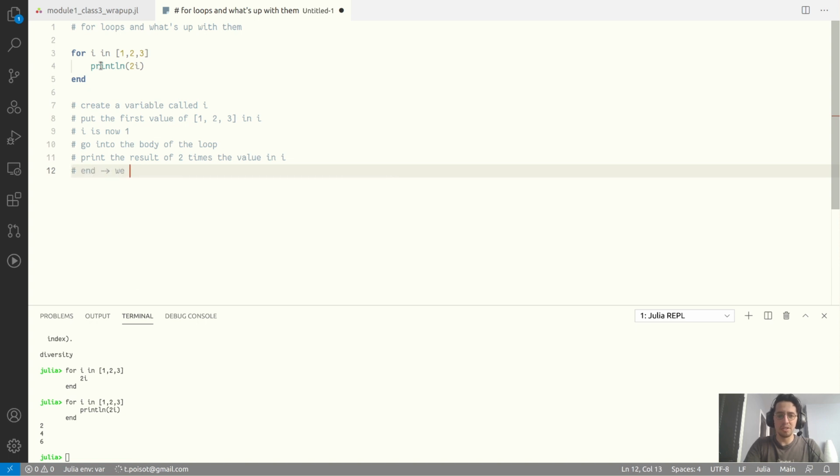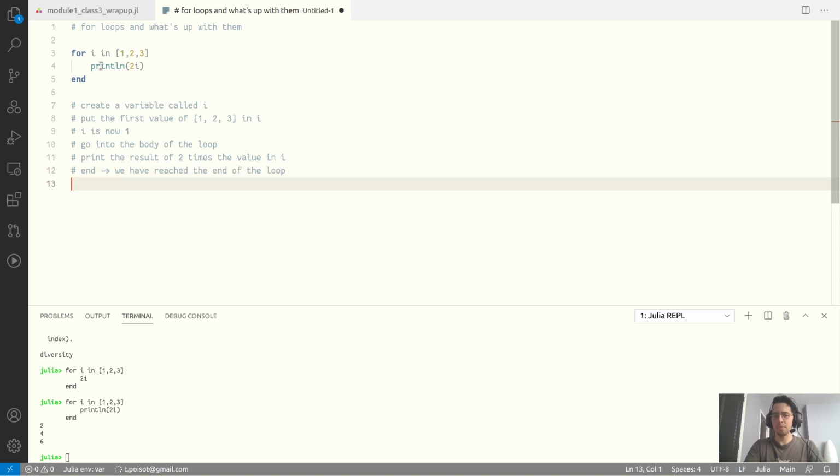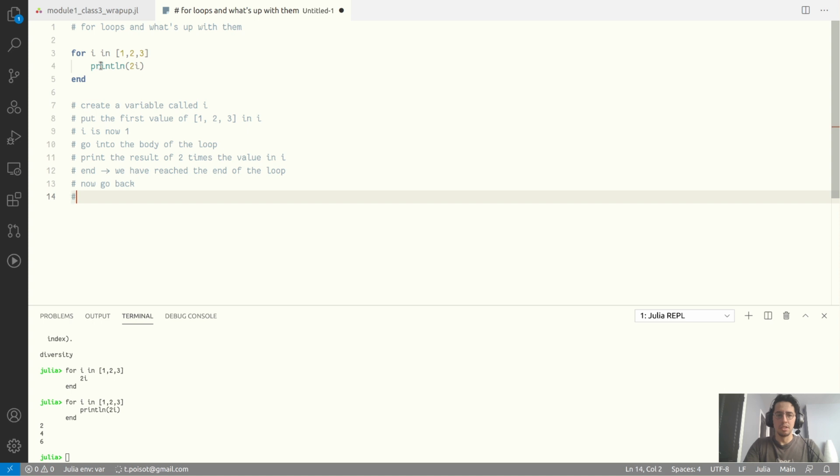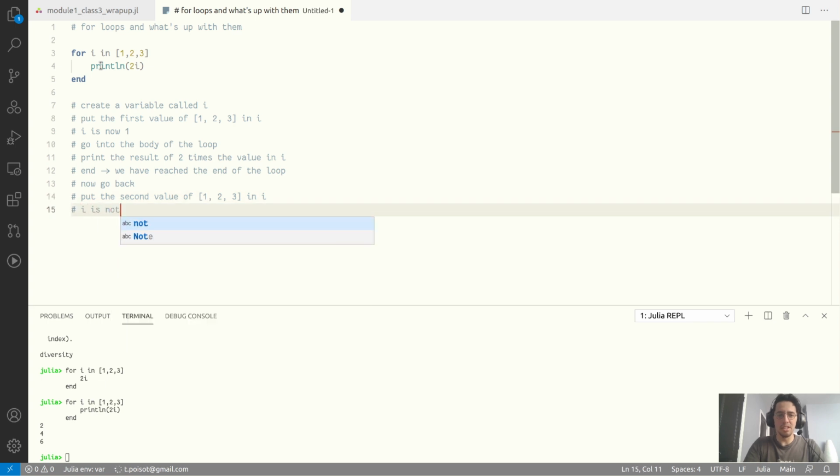We have reached the end of the loop. Now go back. And then put the second value of 1, 2, 3 in i. i is now 2.